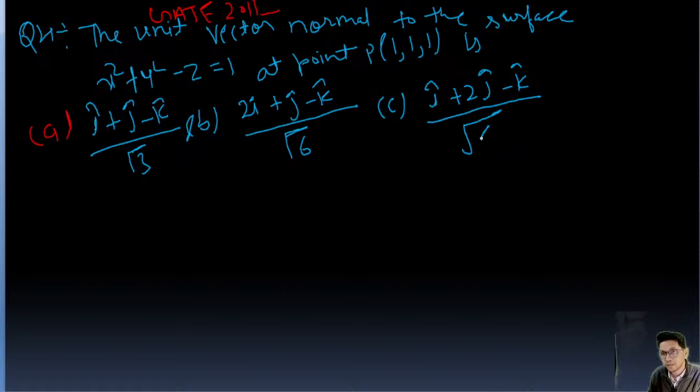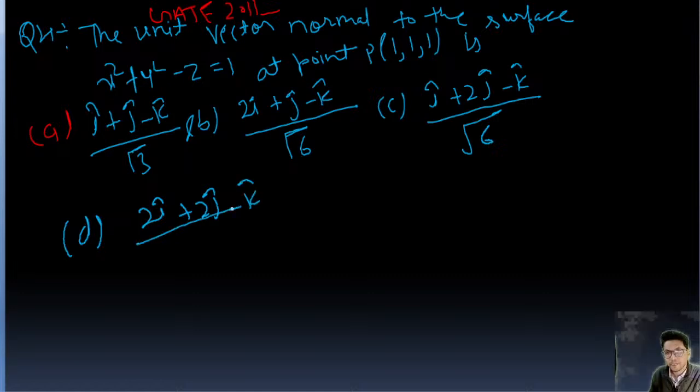And option D is 2 i cap plus 2 j cap minus k cap upon 3. Okay, so these are the options which are given.